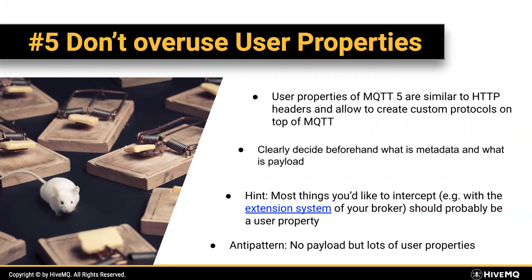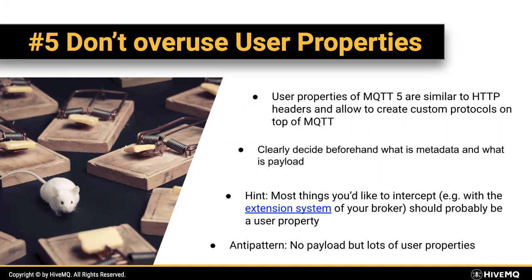Carrying metadata is important, especially if you want to use the data in, let's say, interceptors in the extension system of your broker. Then user properties are very, very nice. And we've seen customers implementing custom protocols on top of MQTT easily in days and without a lot of business logic they needed to create because of user properties. So super nice.